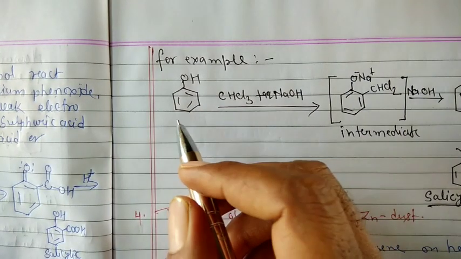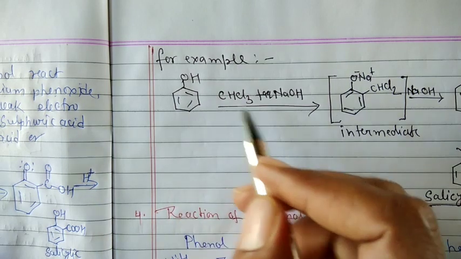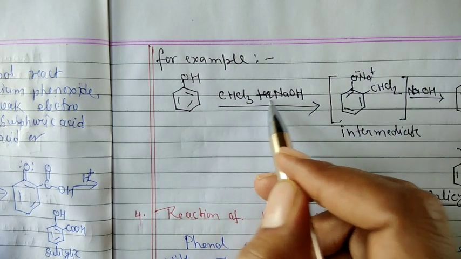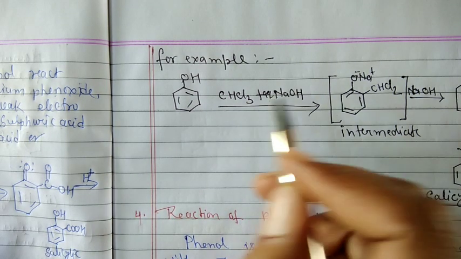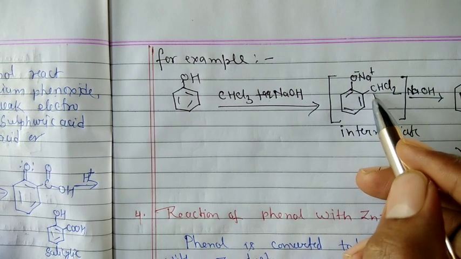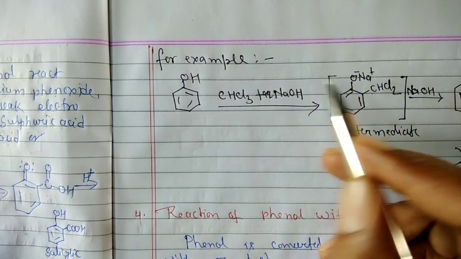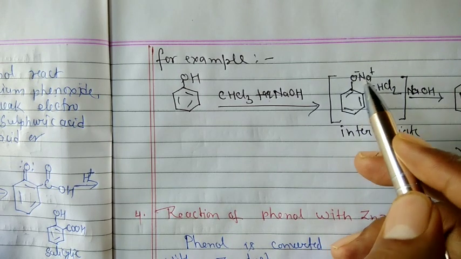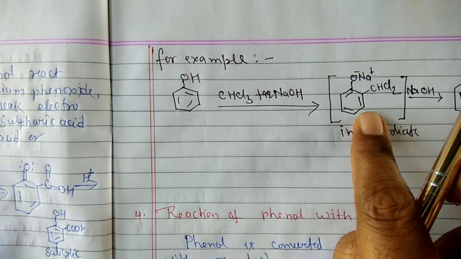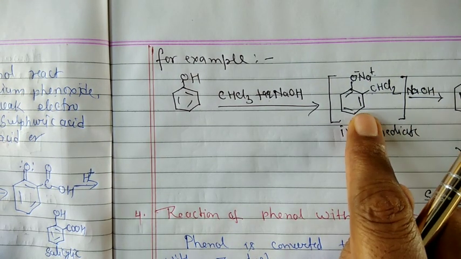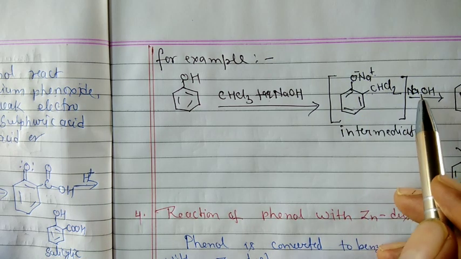You see here an example of the Reimer-Tiemann reaction. We take first phenol. This phenol is treated with a mixture of chloroform and sodium hydroxide. This CHCl2 group is introduced at the ortho position and changes to sodium phenoxide, ONa+. This is known as the intermediate. This intermediate further reacts with sodium hydroxide.